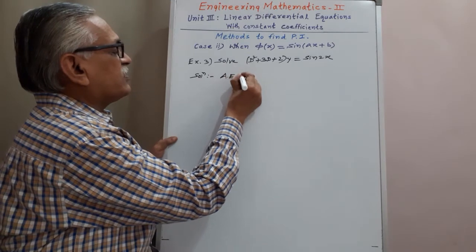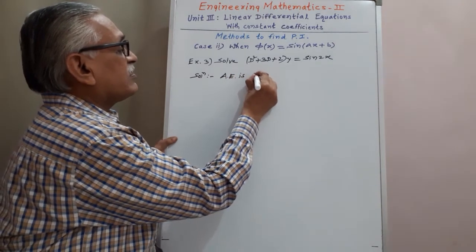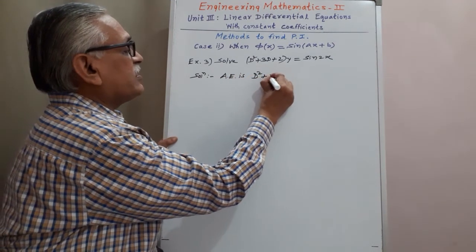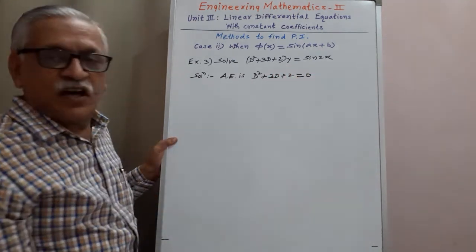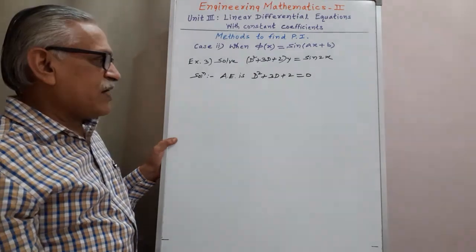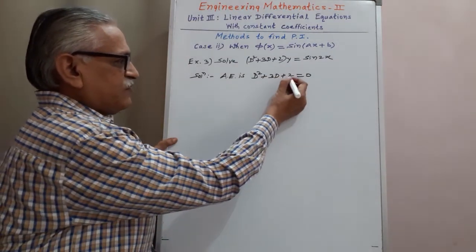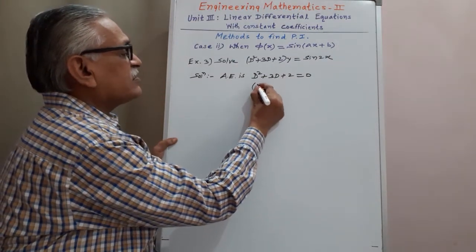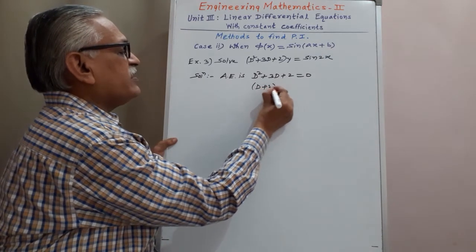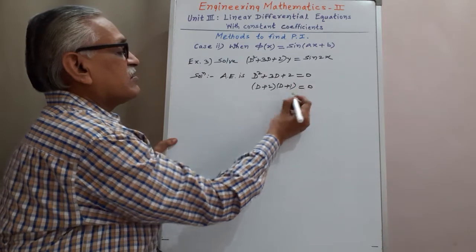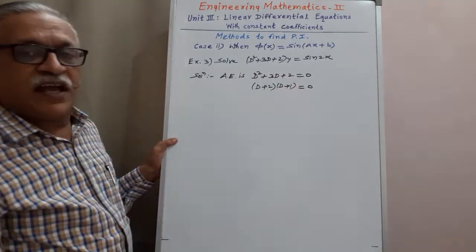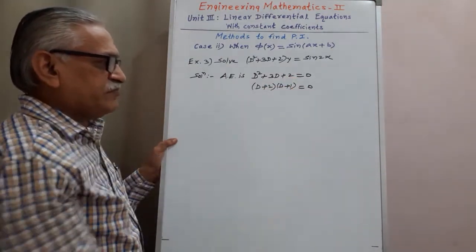The auxiliary equation is D square plus 3D plus 2 equals 0. Finding the two roots by factorizing it, the factors of 2 are D plus 2 and D plus 1, so that the product is 2 and the sum is 3.